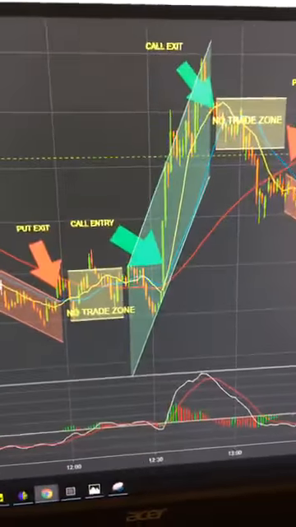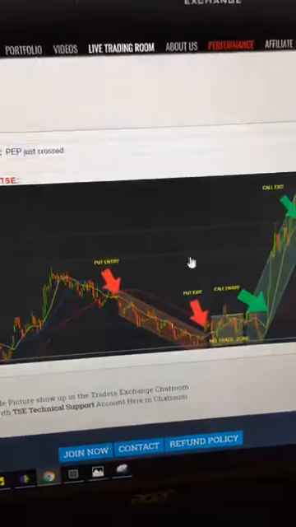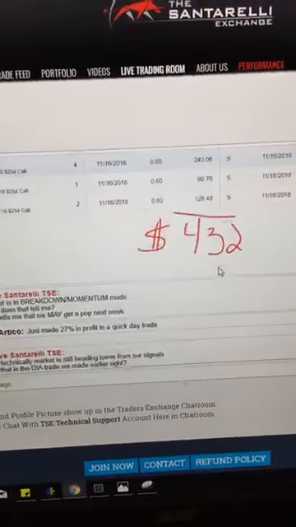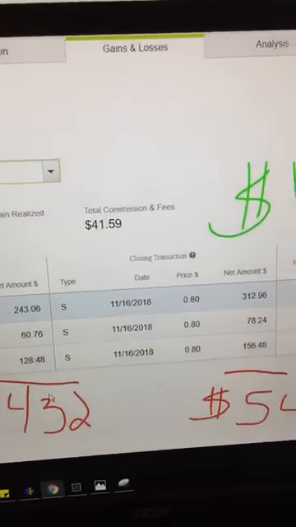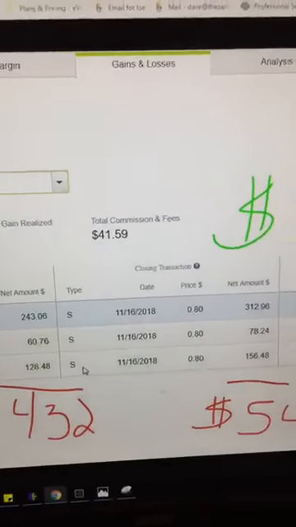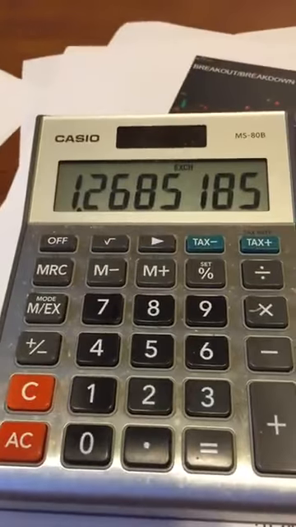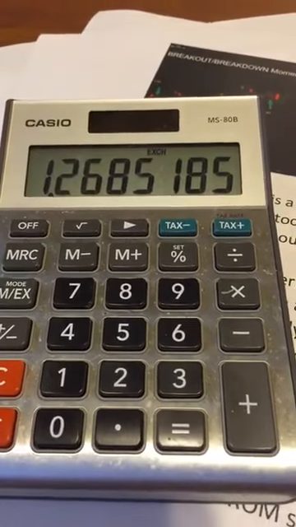Like I said, if a new trader that knew nothing about trading, the student I just had at my class here this past week, took $432 and made, watch this, 548, divide that by 432. His net profit was 26.85%.